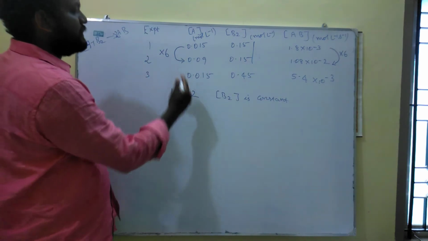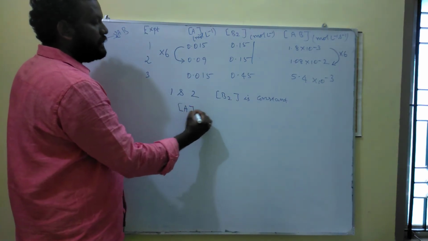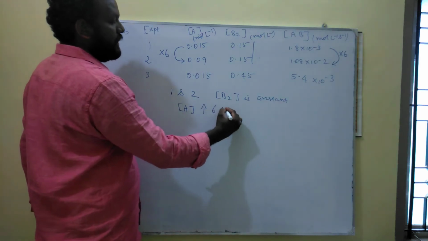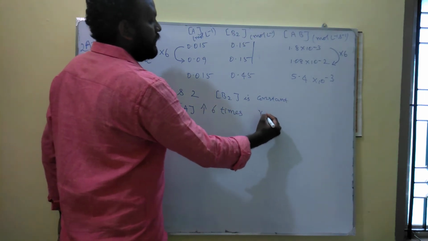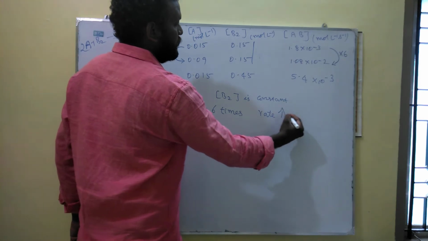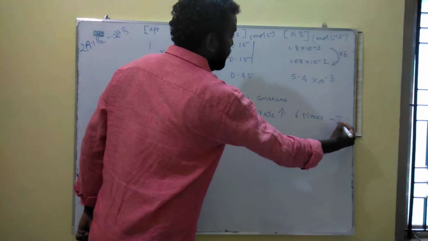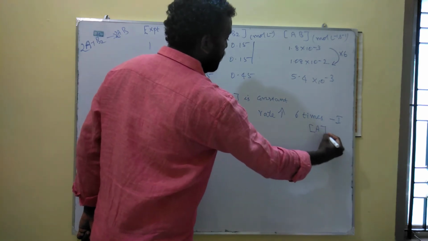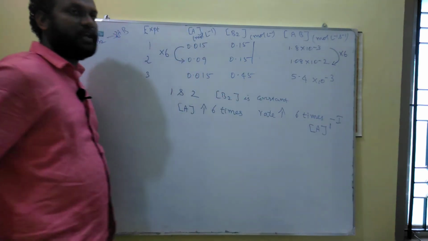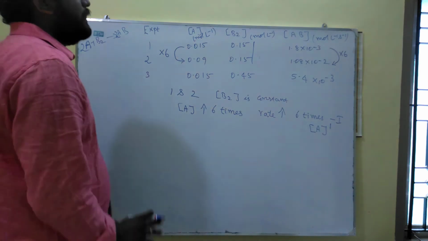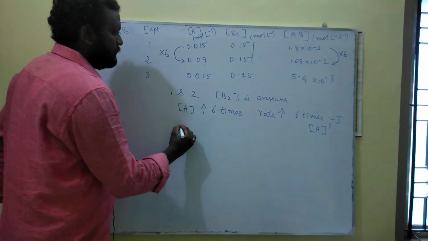So when the concentration of A increases 6 times, the rate also increases 6 times. Therefore it is first order with respect to A. So simply put, A power 1. Now compare 1 and 3.